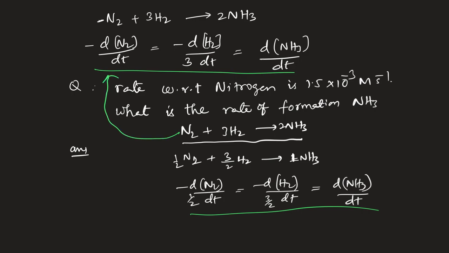So according to this equation, this is the expression. Now this can be solved as: minus dN2 concentration by dt, and what they asked in the question is dNH3 by dt, stoichiometric coefficient 2.